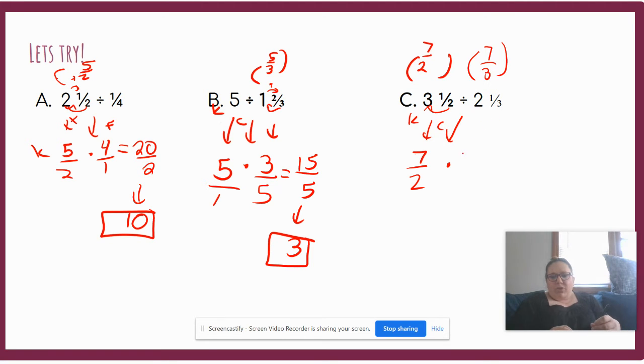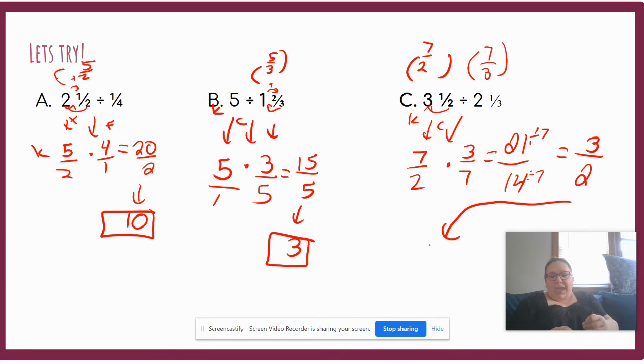And then 7/3 is going to become 3/7. 7 times 3 is 21. 2 times 7 is 14. 21 over 14, I can divide both those numbers by 7. 21 divided by 7 is 3. 14 divided by 7 is 2. And then 3/2, 2 times 1 is 2, plus 1 more would give us 3/2. So 1 1/2 is the same as 3/2.